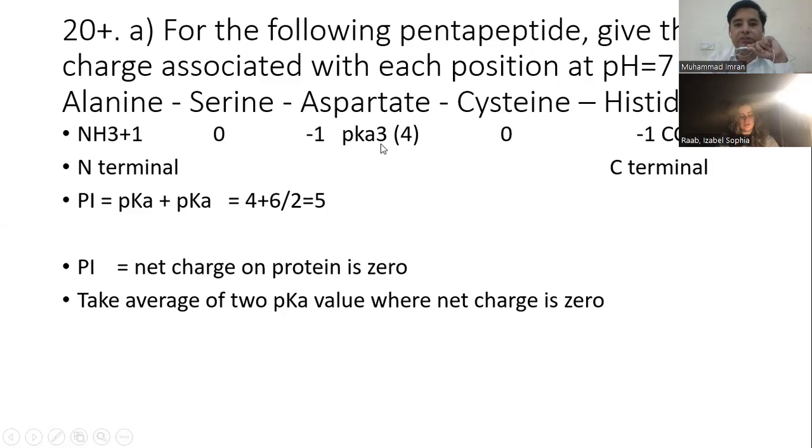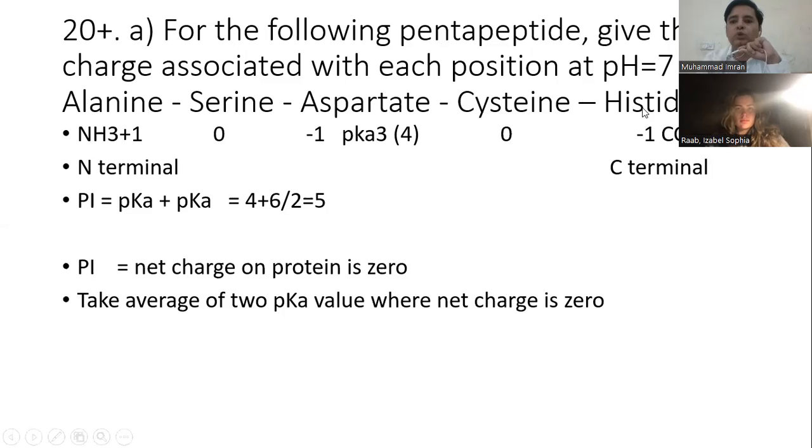Aspartic acid has a side chain pK of 4, and it has a -1 charge, because this pH is greater than its pK. So we have an extra carboxylic group which has a negative charge at pH 7. So the +1 and -1 cancel each other, leaving -1. So this pentapeptide has a net negative charge.